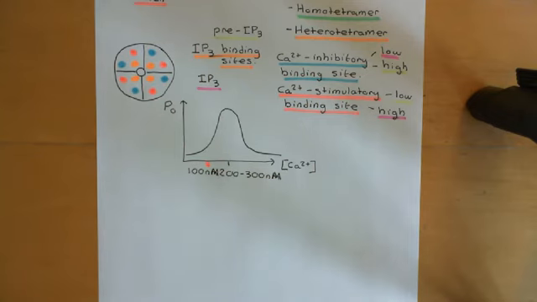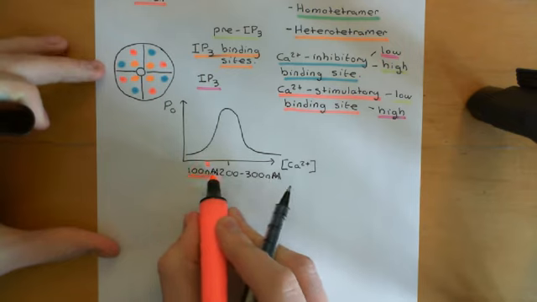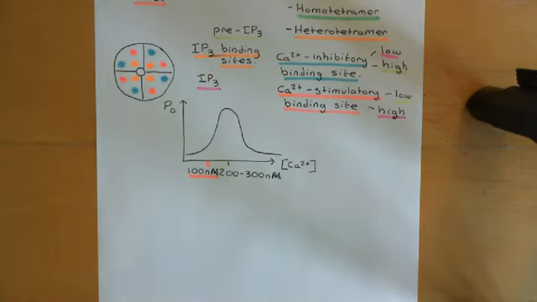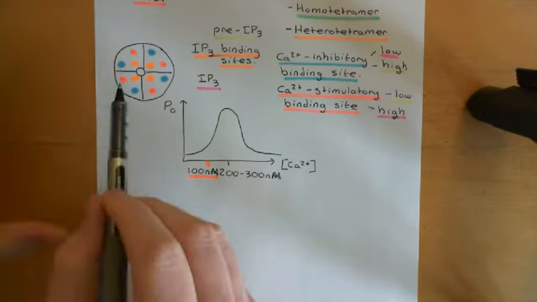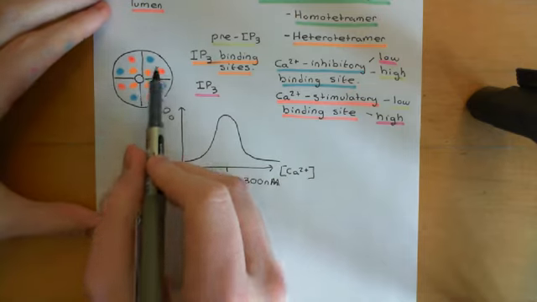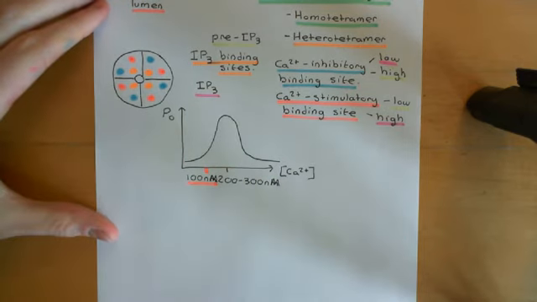Simply because if you've got this small calcium concentration in the cytoplasm, the normal resting concentration, it's quite difficult basically to get 4 calciums binding into these 4 stimulatory calcium binding sites.